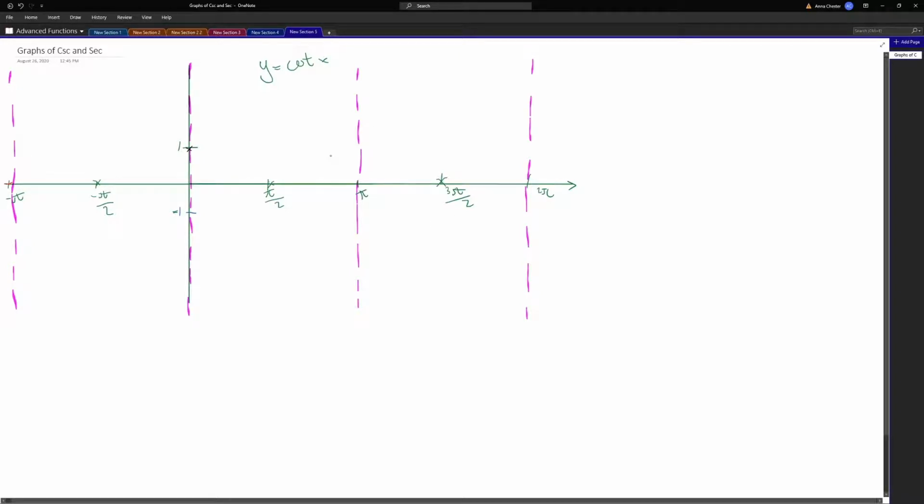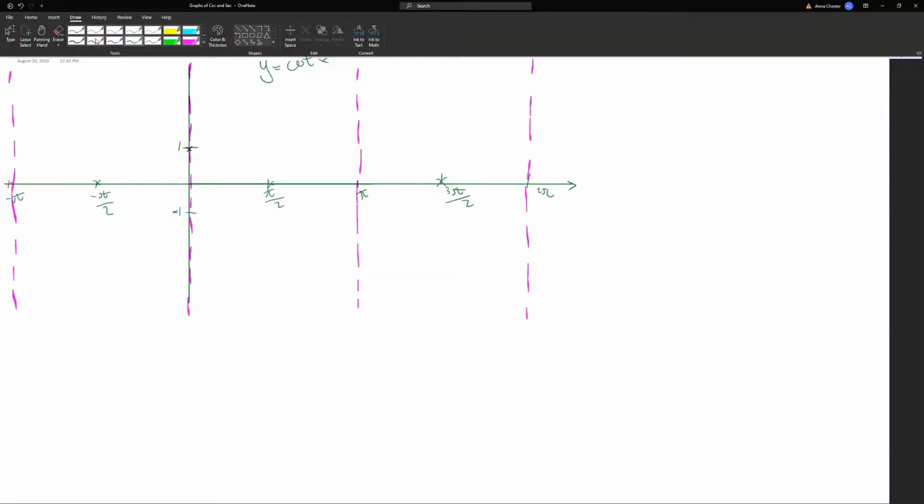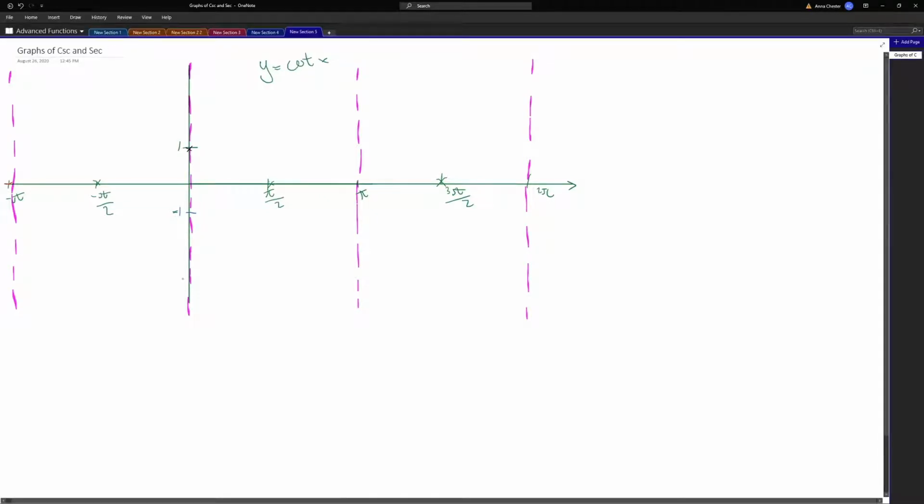Now that we talked about how the graph behaves to the left and right of the asymptote, let's select one of the asymptotes. For example, this one. We said when it's approaching from the left, it is going to negative infinity. Then we said from the right, it is approaching positive infinity.